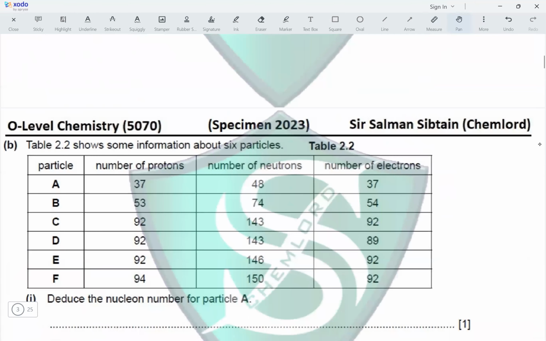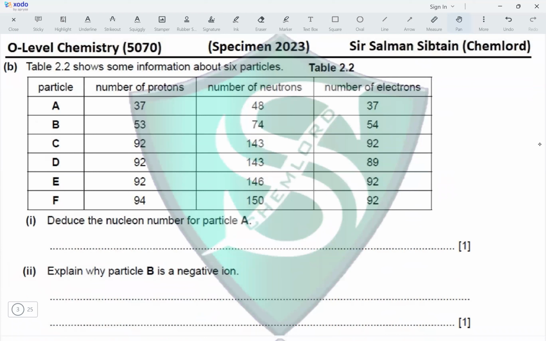Next, part B says table 2.2 shows some information about 6 particles. So their number of protons, number of neutrons, and number of electrons have been given.